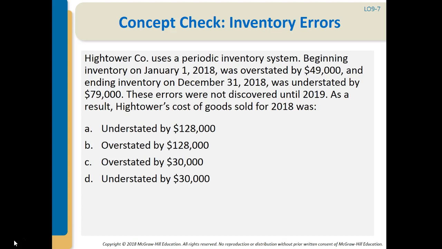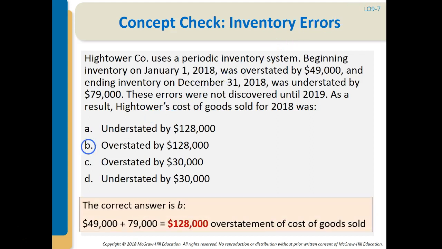These errors were not discovered until 2019. As a result, Hightower's cost of goods sold for 2018 was A. Understated by $128,000, B. Overstated by $128,000, C. Overstated by $30,000, or D. Understated by $30,000.